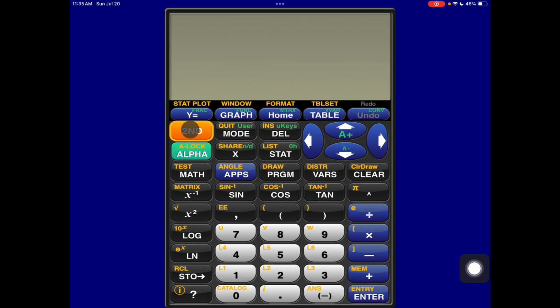On the graphing calculator, we're going to go to second, vars, normal CDF, type in our lower bound, which is 64, comma, upper bound, which is 77, comma, mean, which is 68.6, comma, and our standard deviation, which is 2.8. Close your parentheses, select enter, and then round your probability correctly to 4 decimal places.